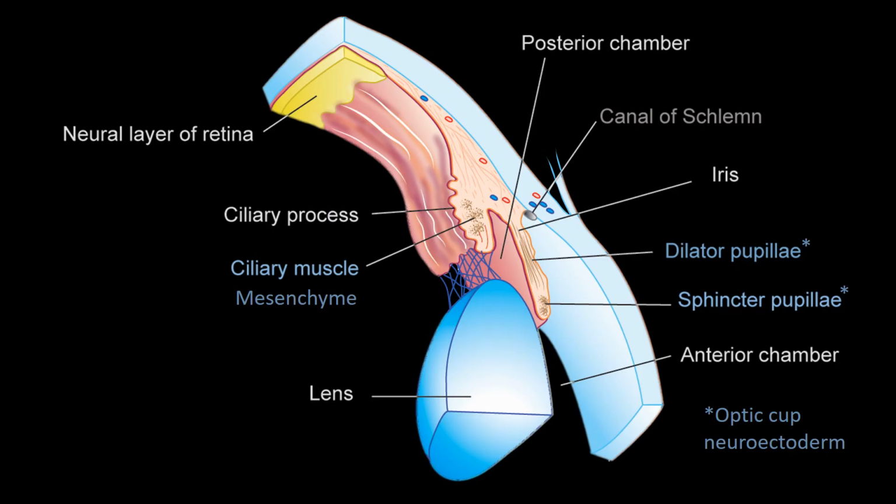This is a representation of the anterior ocular region. The ciliary muscle arises from mesenchyma and is innervated by parasympathetic fibers. The sympathetically innervated dilator of the pupil and the parasympathetically innervated sphincter of the pupil originate from optic cup neuroectoderm.